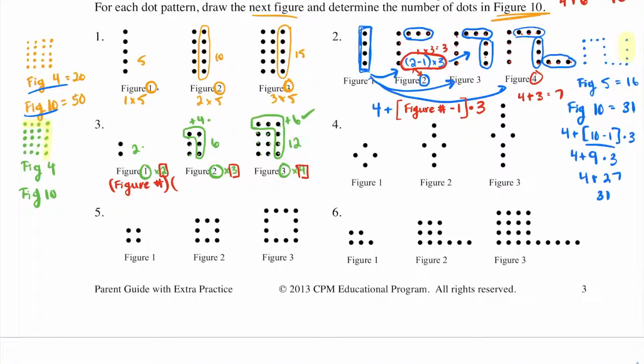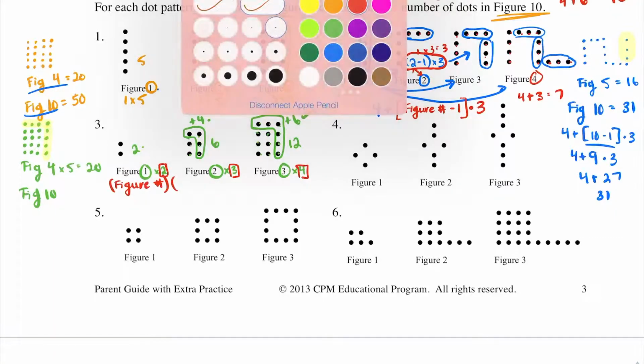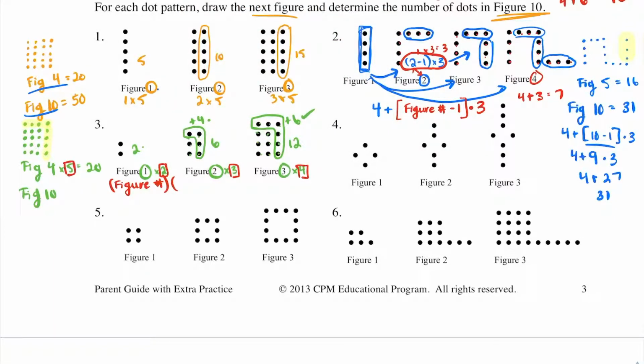I have 1, 2, 3, 4 by 1, 2, 3, 4. So if I multiply this by 5, I get 20 total dots. So yeah, this holds true here as well. So what I'm multiplying my figure number by is my figure number plus 1. And that gets me my total number of dots.